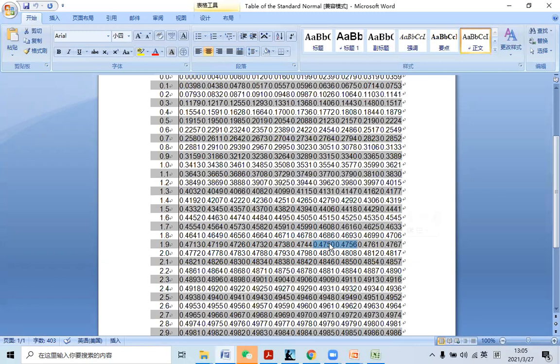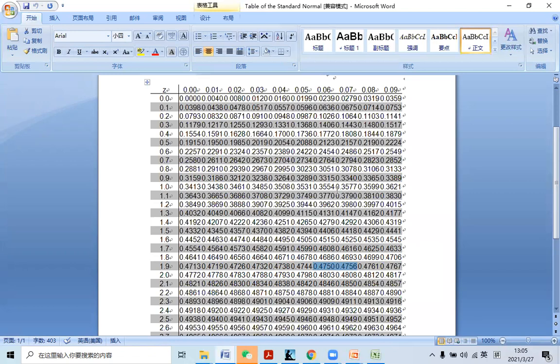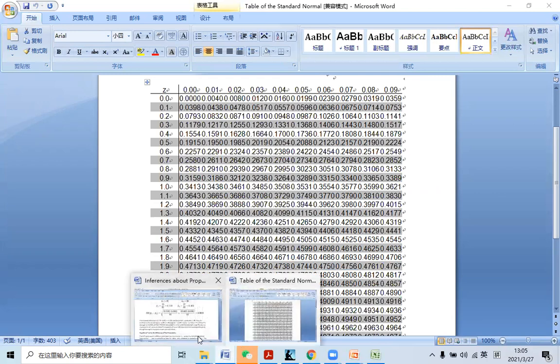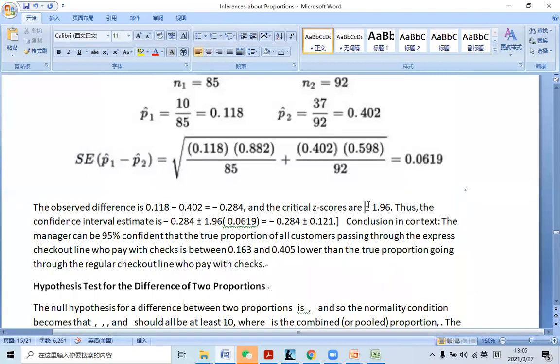And that's 1.96, 1.96 standard deviations above the mean, and 1.96 standard deviations below the mean. Between these two z-scores, you have 95% of the population. You got the z-score cutoff points.